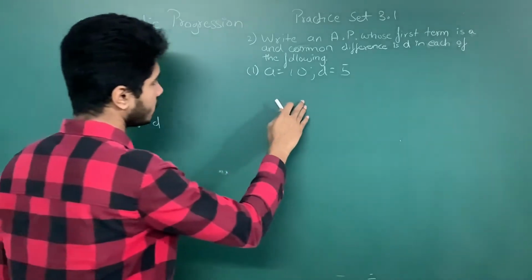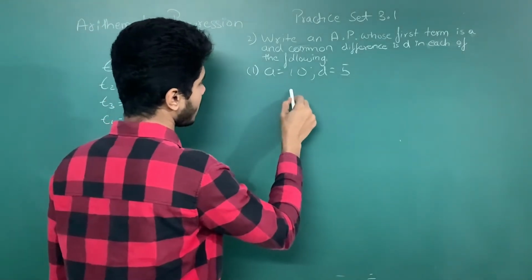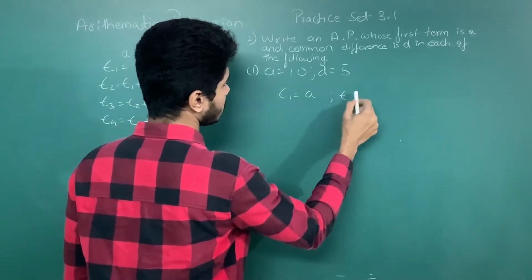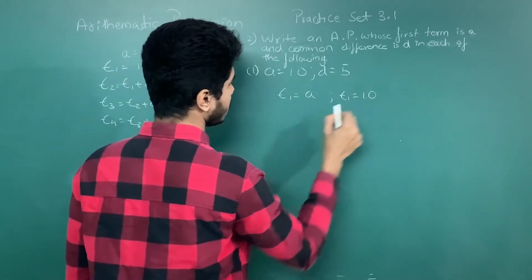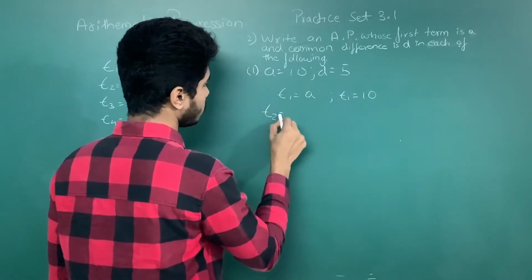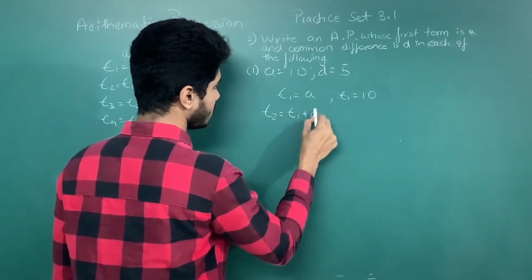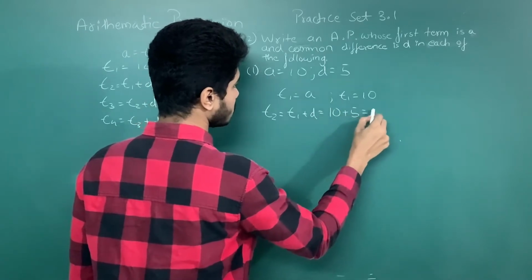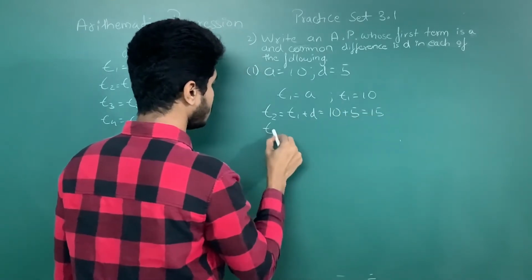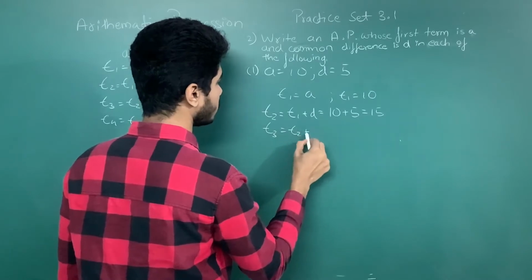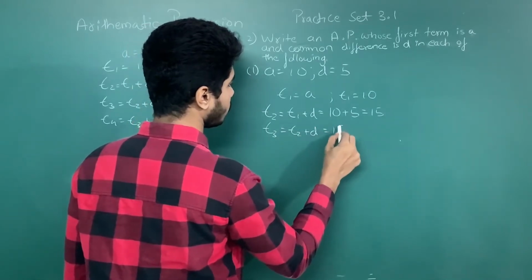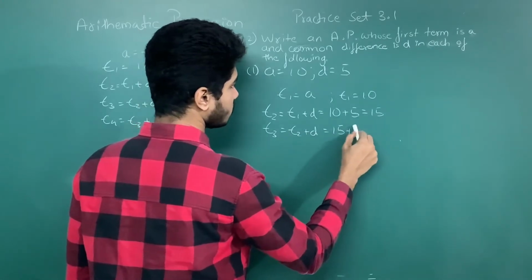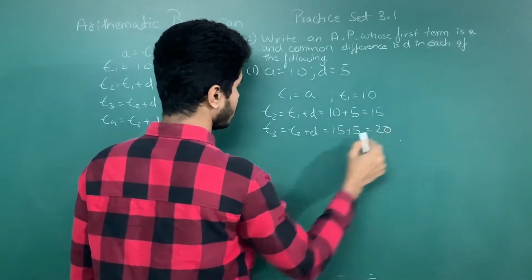So apply over here. So we can write A as T1 is equal to A, therefore we get T1 is equal to 10. So the next term T2 will be T1 plus D, which is 10 plus 5, which is equal to 15. T3 is equal to T2 plus D, which is equal to 15 plus 5, which gives you 20.